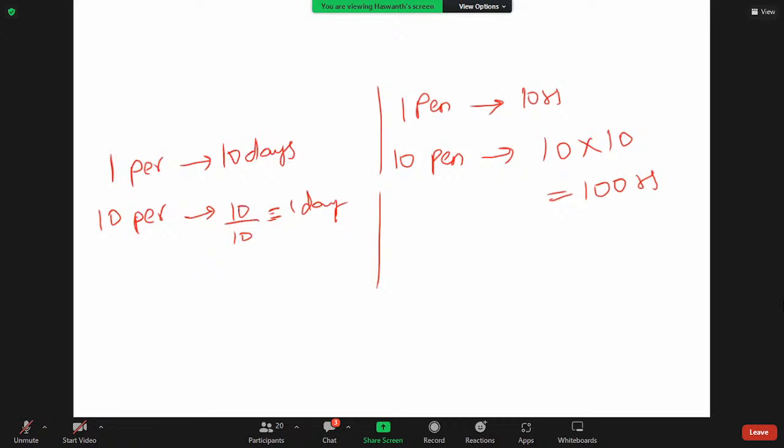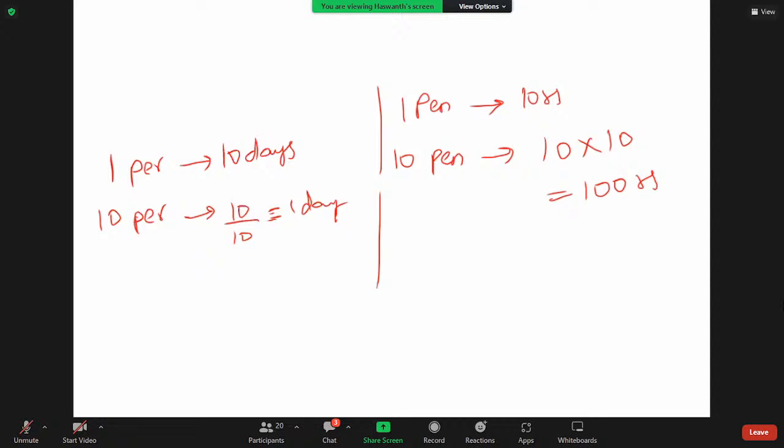Less, so divide. So if it is more, multiply. If it is less, divide. Because whenever you are moving from one to other numbers, like 1 person to 10 persons, or 1 pen to 10 pens, this is actually based on directly proportional and inversely proportional, which we will be discussing in equations and ratios. But no need to know those.